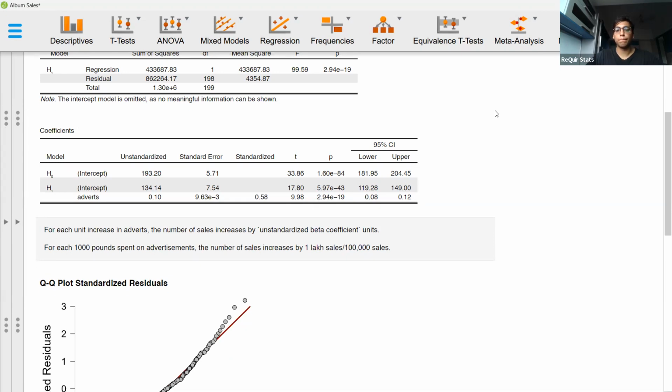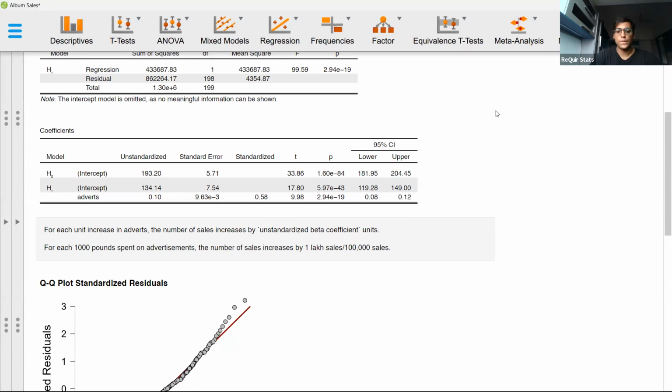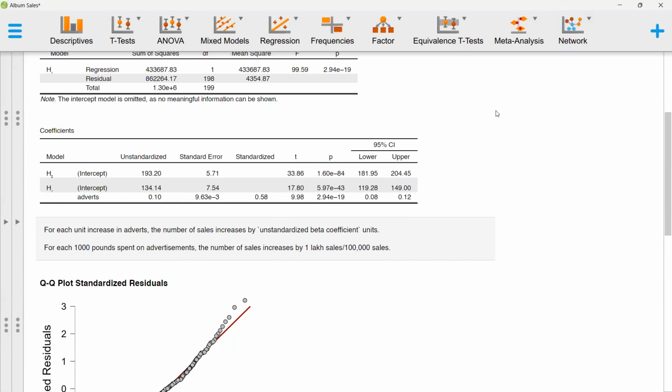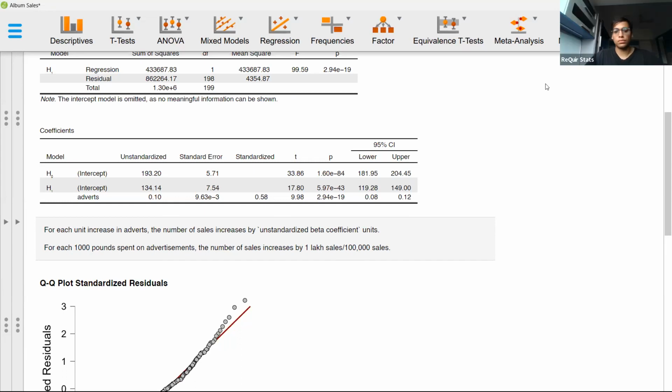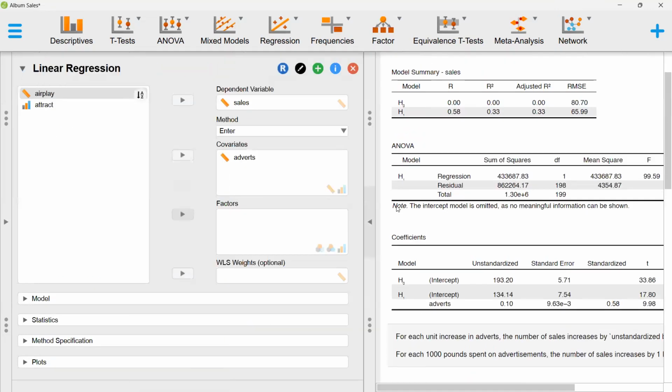Yes, Vidhi. So if we want to show a prediction is a causation, right? We will have to have a temporal thing, right? Like the sales would have to be after the advertisements, there should be a temporal thing present between them, right?